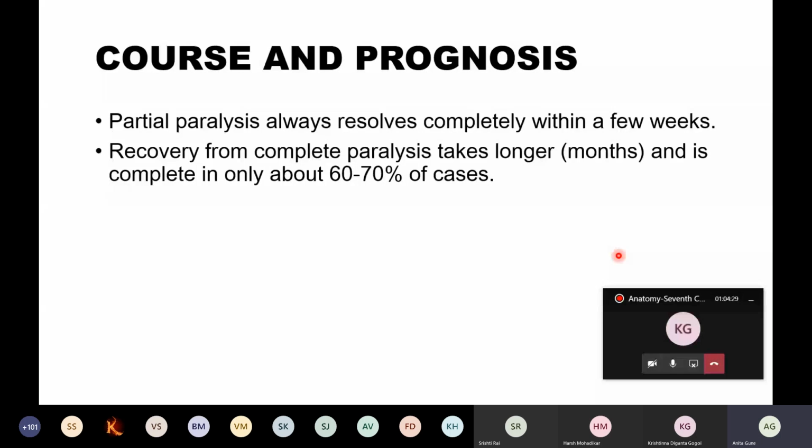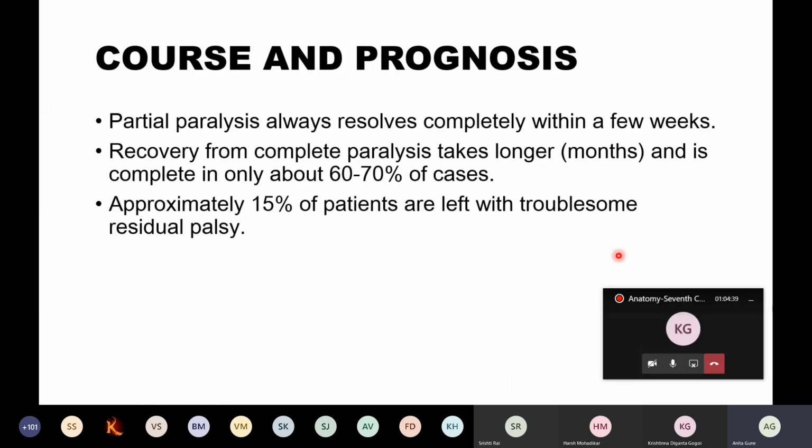Recovery for complete paralysis takes a longer time compared to partial paralysis, obviously, but it will take about a month or so. There is recovery in about 60 to 70% of the cases. Approximately 15% of the patients are left with a very small residual.